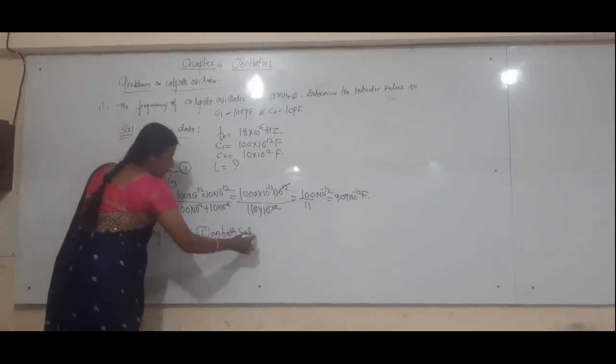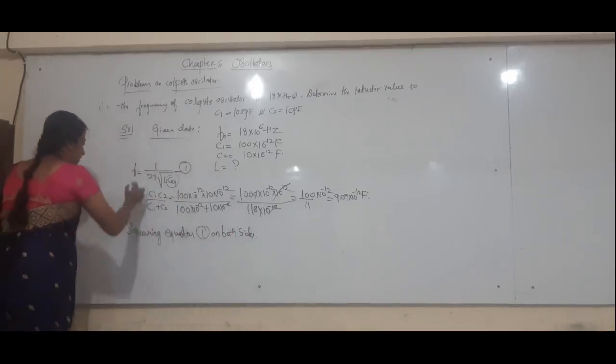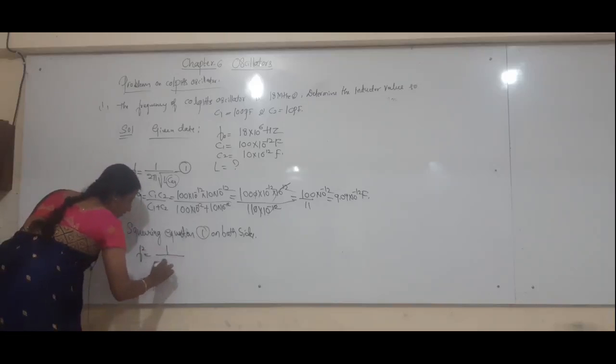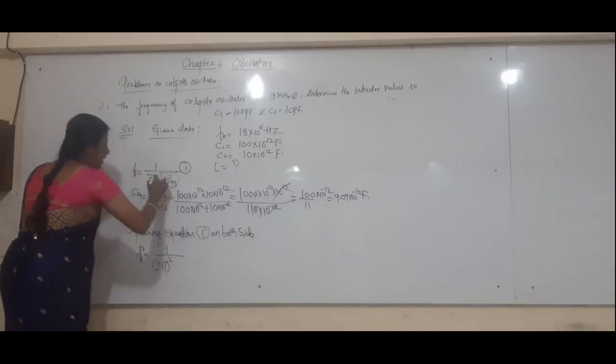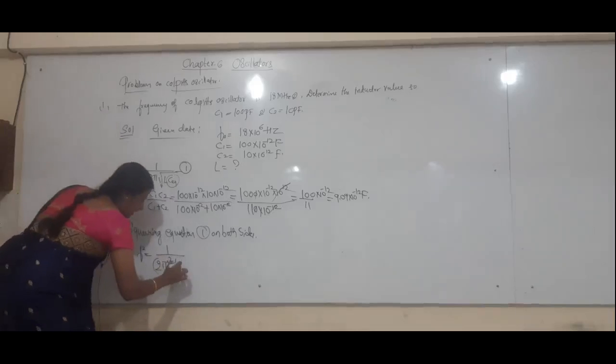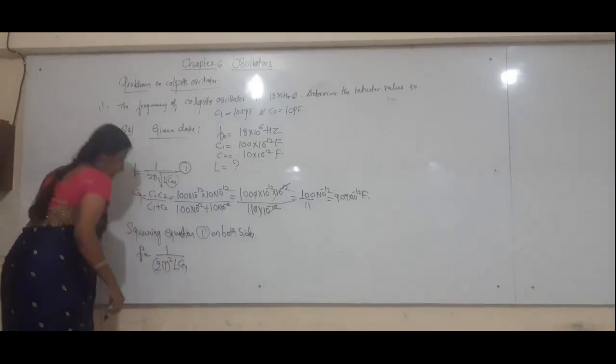For that purpose we have to square here. So that is f square is equal to 1 divided by 2 pi whole square into root of LC square, means root cancels here, just here remains is your L into CEQ.